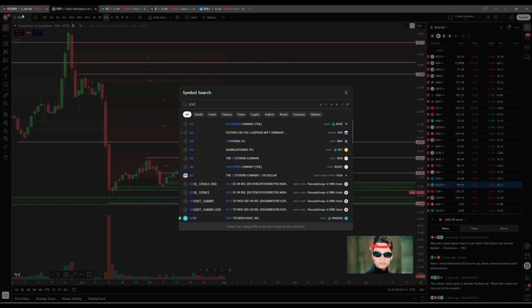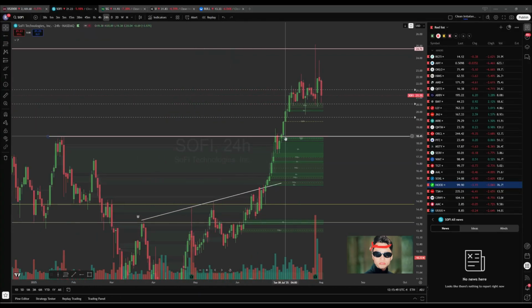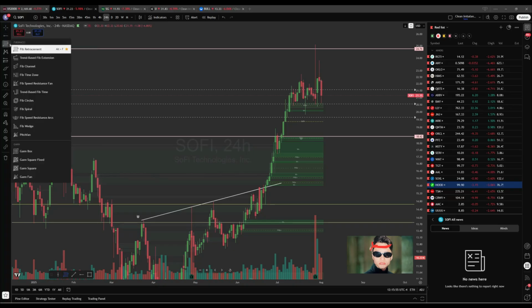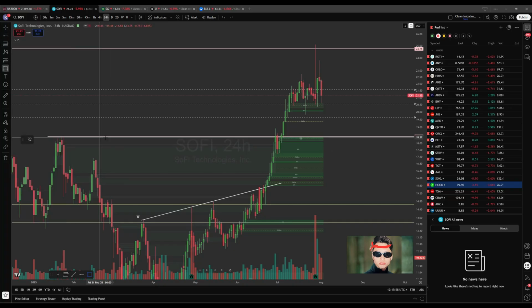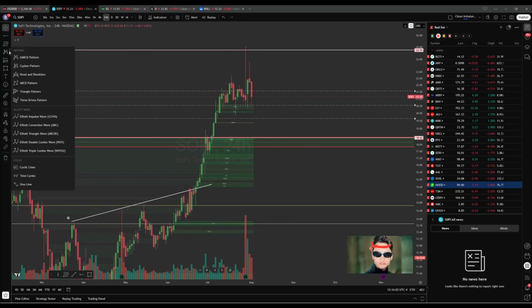SoFi, range. I would long SoFi if it comes back to 18, to this area. Yeah. So head and shoulders.